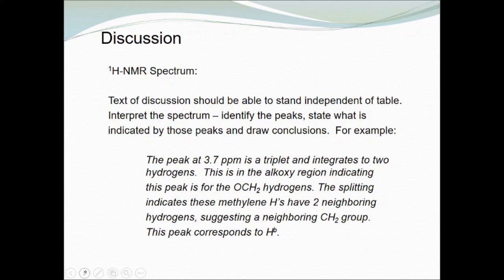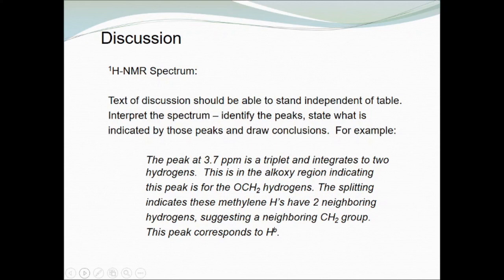This is in the alkoxy region, indicating the peak is for OCH2. The splitting indicates these methylenes have 2 neighboring hydrogens. Okay. So you're identifying the chemical shift and also telling me what the splitting means. Then make a conclusion. This peak corresponds to hydrogen B.